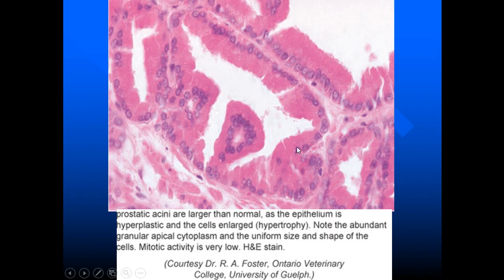We can see multiple layers, although it's not so obvious, but the size of the epithelia will be enlarged. The enlarged epithelia is characterized by granular cytoplasm, like this. It can also make projections into the lumen, because these projections occur due to the increased size of epithelial cells.